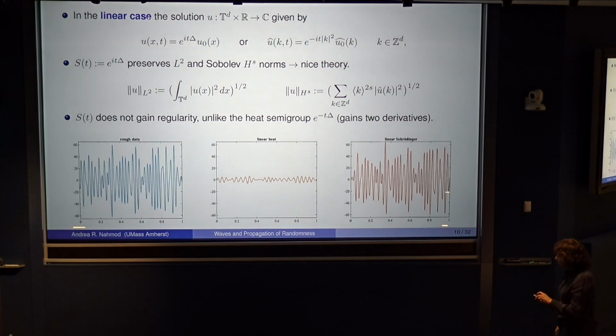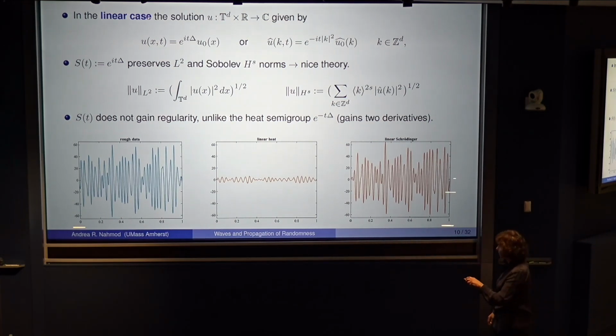What I want to emphasize once again is the difference between the heat equation and the Schrödinger equation. If you take data which is very rough and apply the heat semigroup, then immediately this data not only regularizes, but also decreases very rapidly.